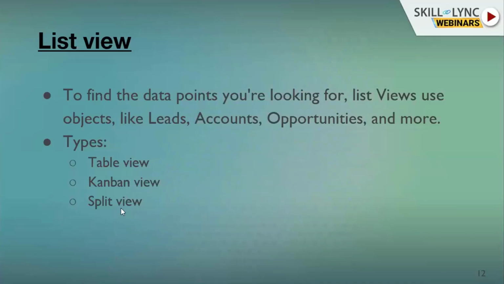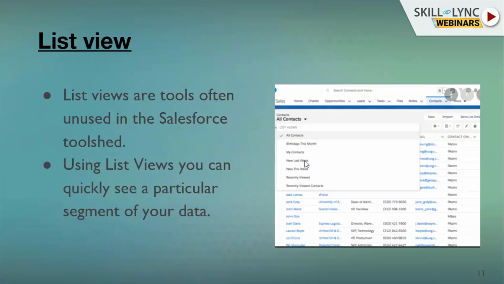In the split view, on the left-hand side you can see all the opportunities together. Now suppose you want to access any one of them. If you come to the table view, you need to click on that particular opportunity, and it will open that opportunity only, and you can edit and make changes there.